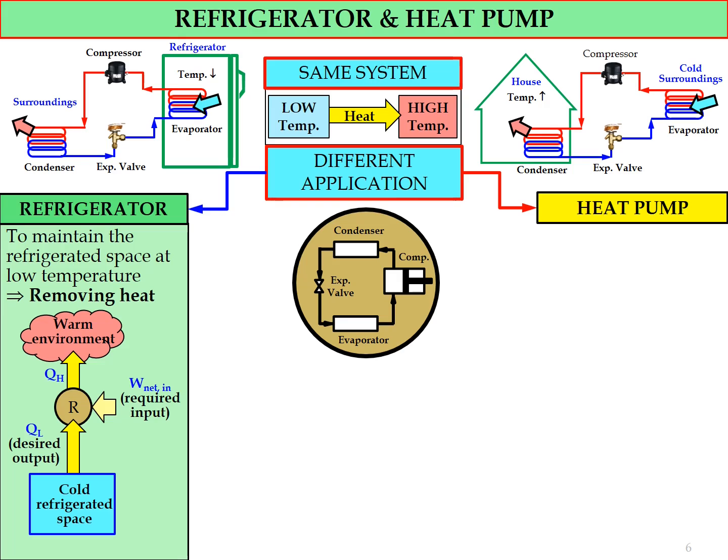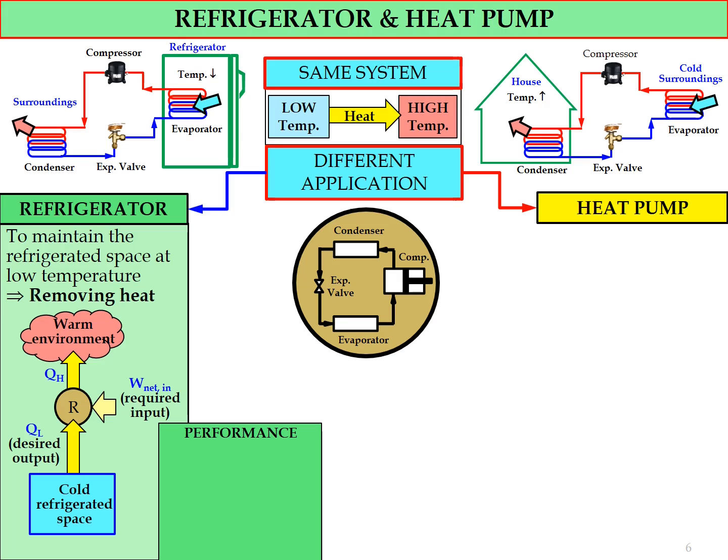Then the heat from the refrigerator will be released through the condenser, and the amount of heat released to the warm environment is represented by QH, as shown in this diagram. So these are the processes involved with the refrigerator.